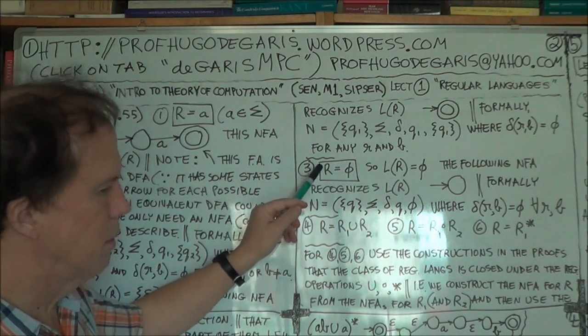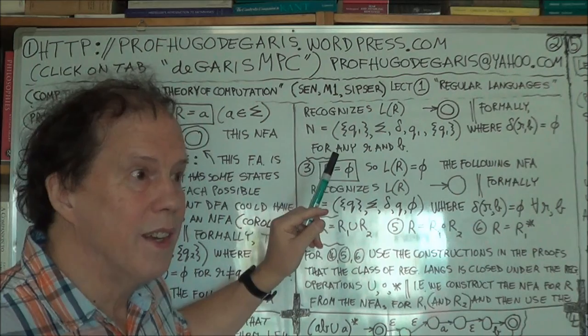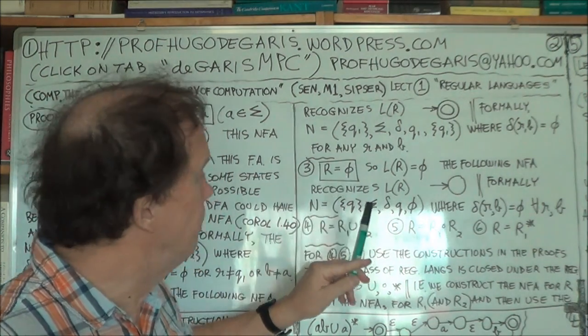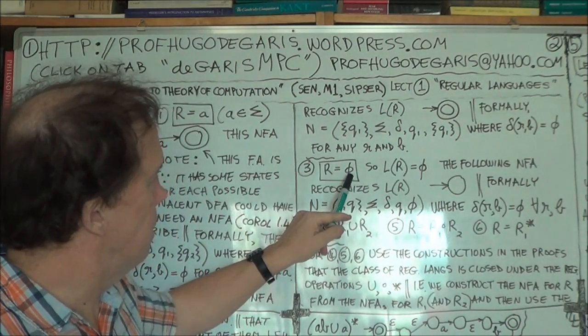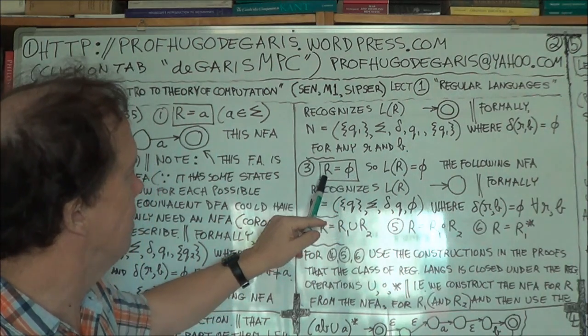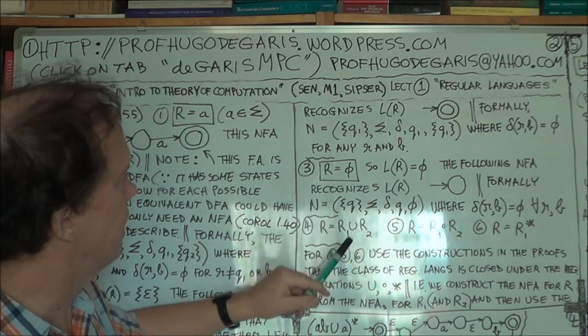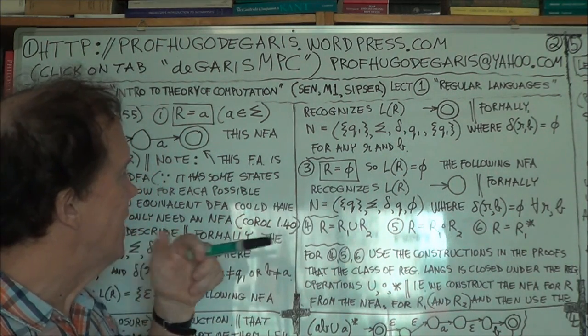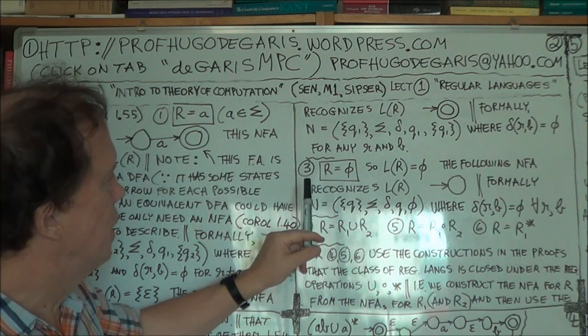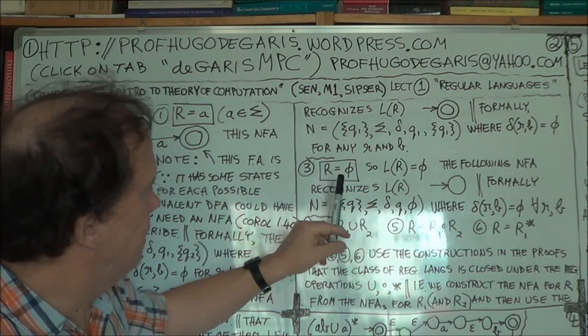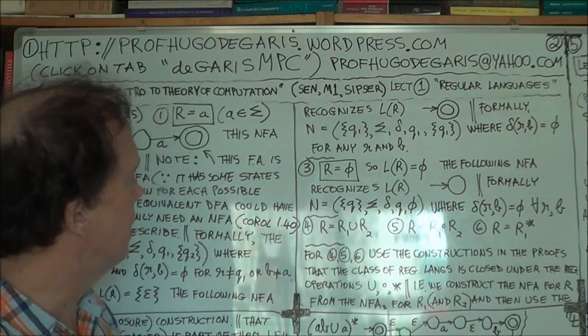Now the third possible simplest regular expression is just simply the null set. So R is the null set. Now its language is the null set. Now why is that?